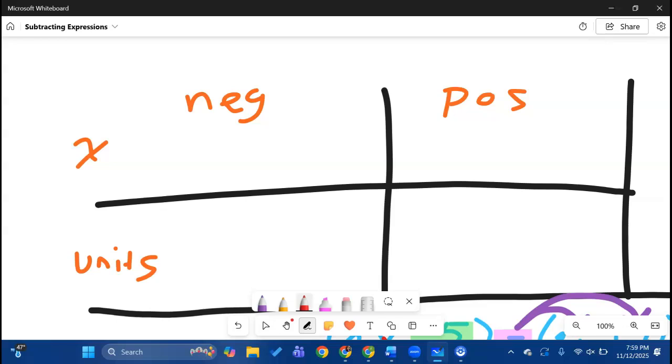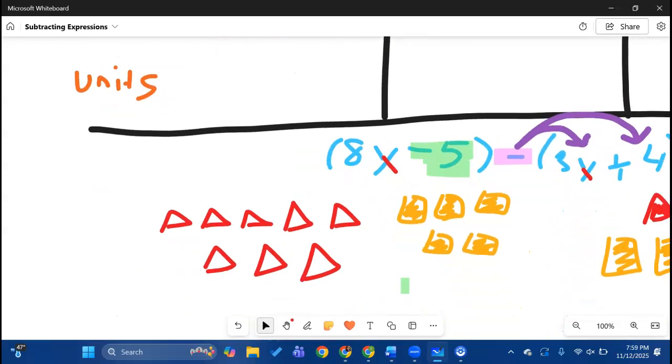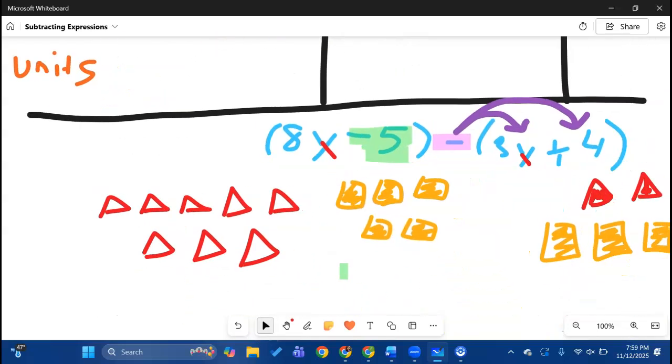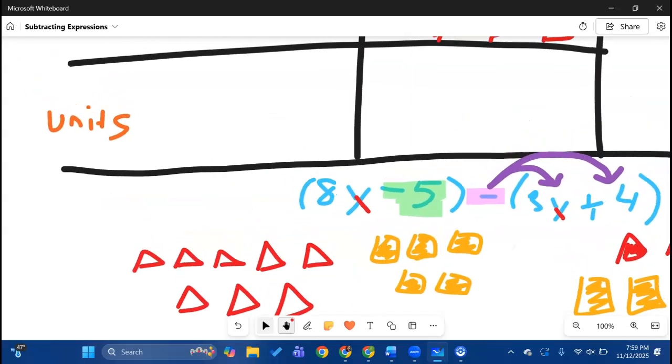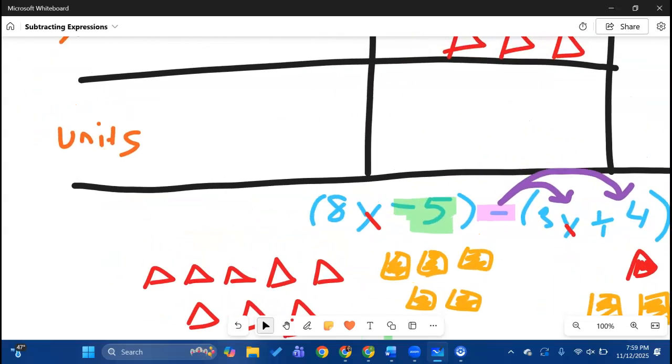So we're not going on the negative side, we're going on the positive side, and we're drawing 1, 2, 3, 4, 5, 6, 7, 8. Alright, now let's go back down. Finish with this linear expression. We have negative 5. If you're using physical manipulatives, you can't really draw these in, but we want to remember that those are going to be negative.